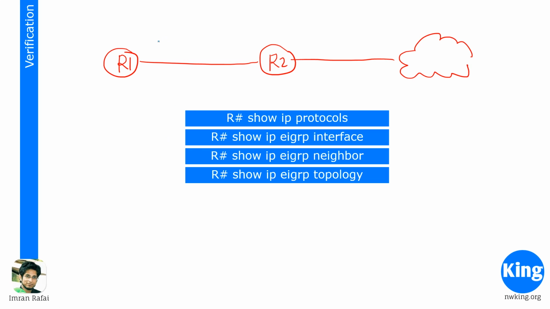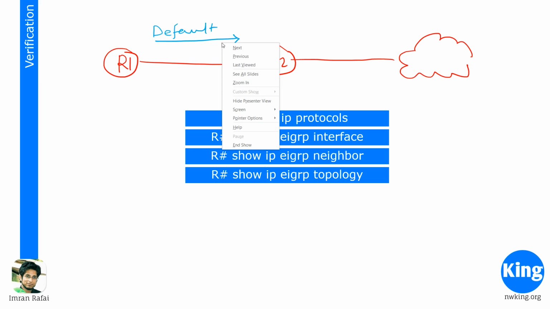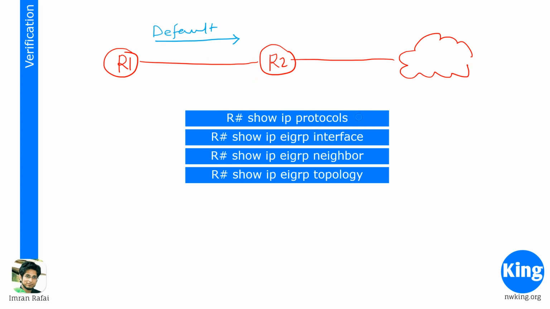Let's say there is a default route, so it says default route go to R1, so to R2. So R1 says if you don't know a certain route, send everything back to R2, because R2 is connected to the internet. So if you don't know something, ideally it should go to R2, and R2 will send it to the internet, right? So that's what happens.